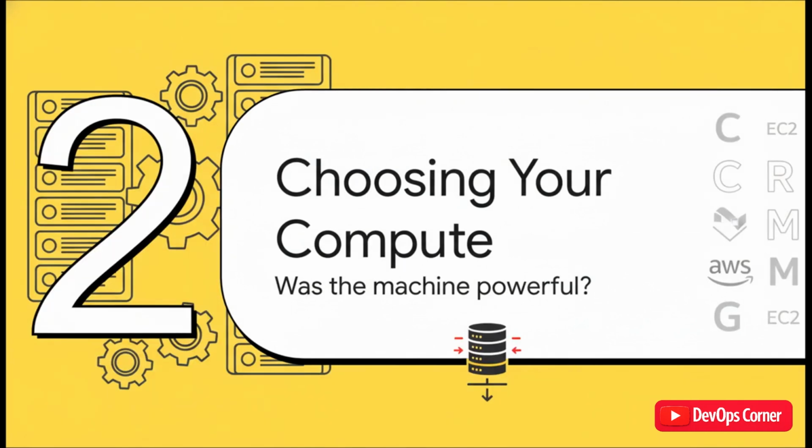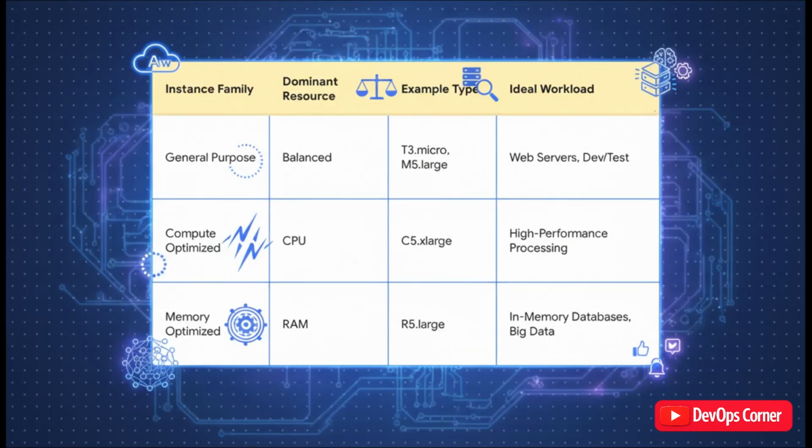Okay, so suspect number 1. Did we even pick the right machine for the job? I mean, a super common reason for apps to fall over is that the server was just underpowered. It couldn't handle the traffic. And this brings us to a really crucial idea. EC2 instance types. So AWS gives you this whole menu of instance families, and each one is built for a specific kind of work.